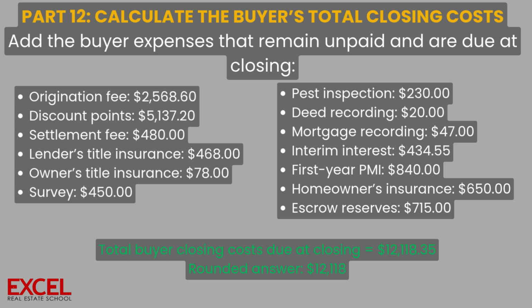We're just going to round that to $1,218. Now remember, the $450 appraisal and the $35 credit report are not included in cash to close because they were paid before closing. Be sure to not add those into this cost.